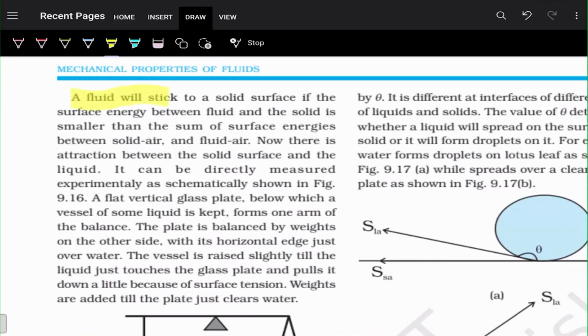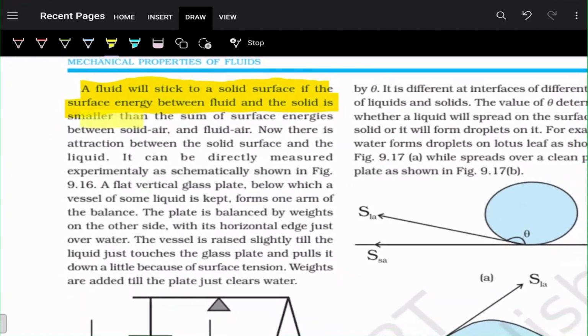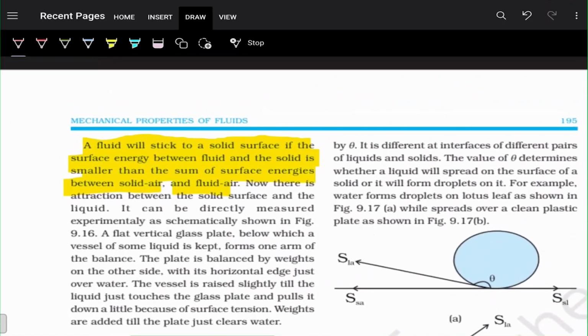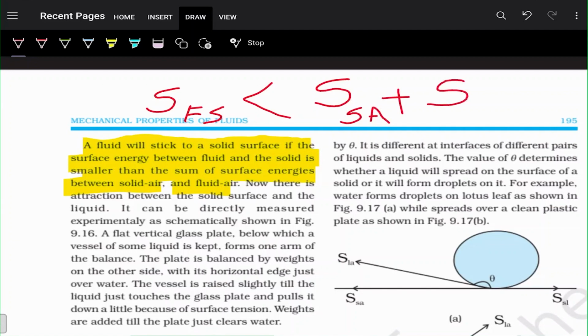Simply put, the surface energy between fluid and solid should be less than the sum of the surface energies of solid air and fluid air. Only if this sum is greater than the surface energy between fluid and solid will a fluid stick to a solid surface.